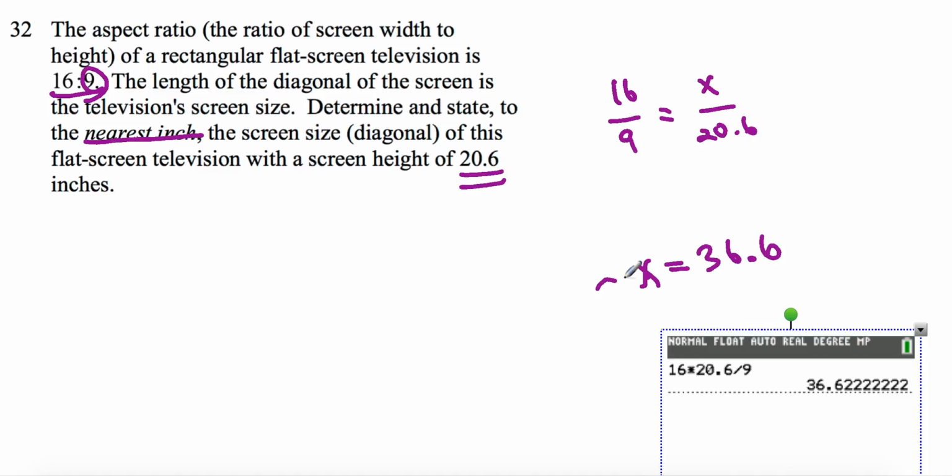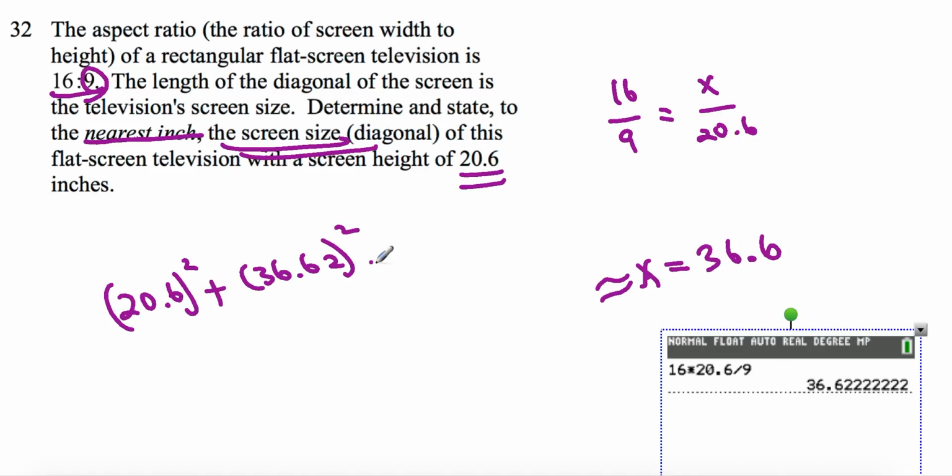Actually, I just found the other side, but I didn't find the screen size yet. So we have to go one more step. To get the screen size, we're just going to use the Pythagorean theorem. So here we get 20.6 squared plus 36.6 squared must be equal to the screen size. Let me call that S squared.